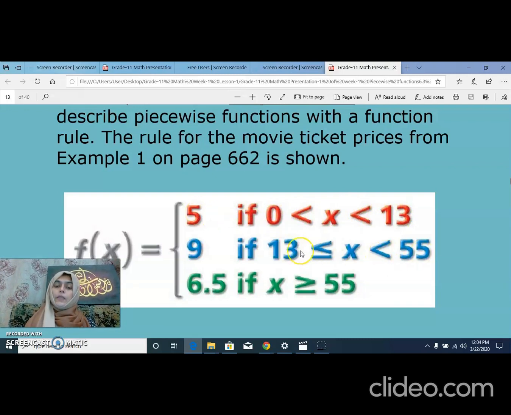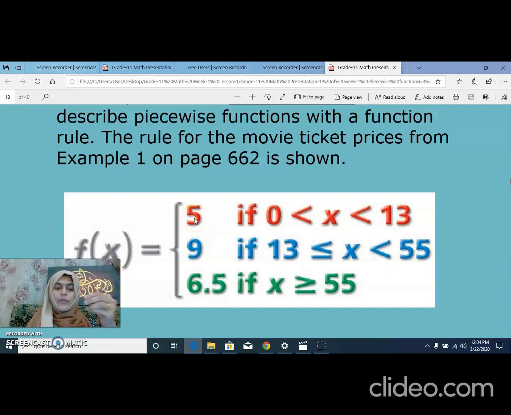If you are between 13 and 55 years old, you will have to pay 9 dirham. And if you are 55 and more, you will have to pay 6.5 dirham. That means you have different rules for different age groups. So the rule has been broken down.